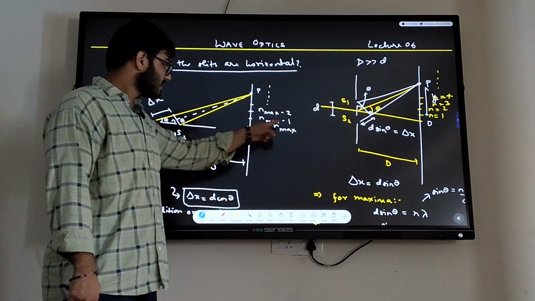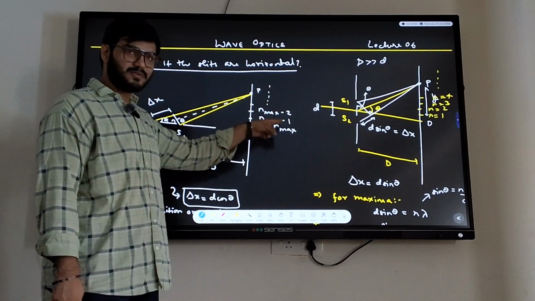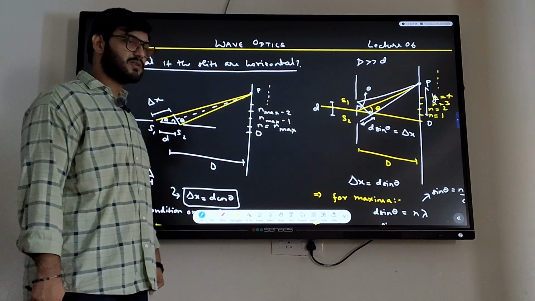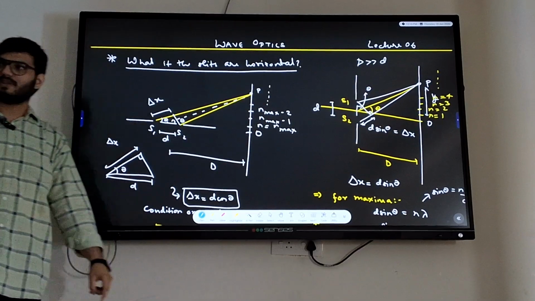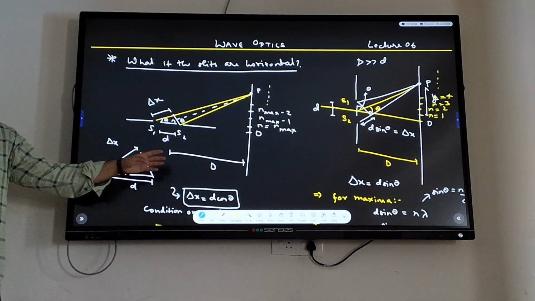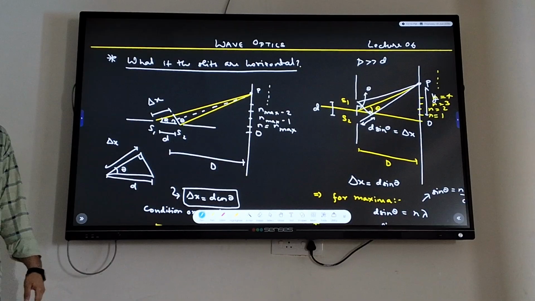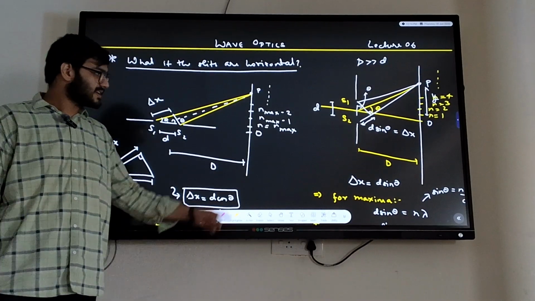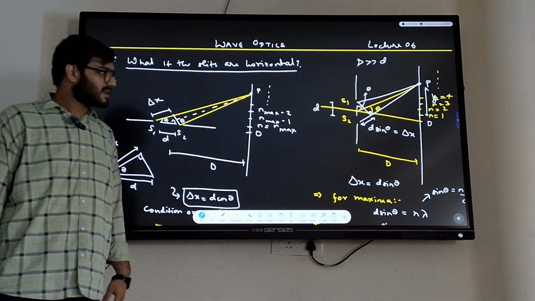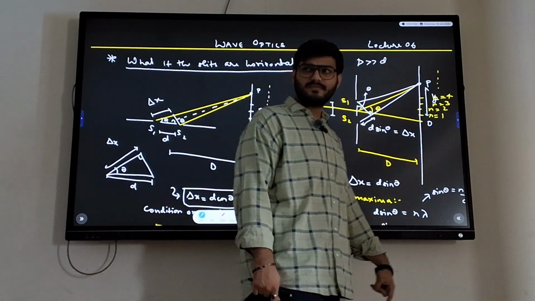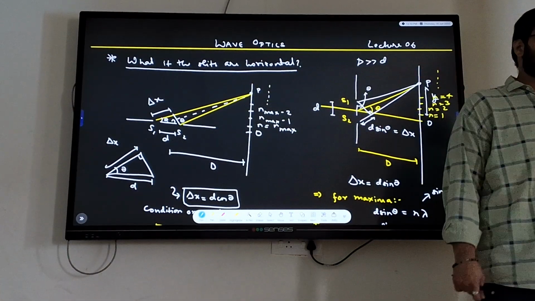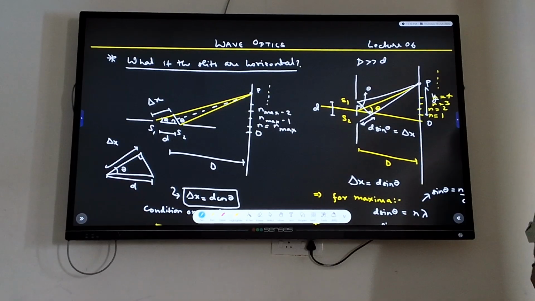There is minus 1. No, it is n max minus 1, n max minus 2, and keep on going. Is it okay with you? So it's very interesting to see that n max is the number which is closer to 0, but here n min is the number which is closer to 0. And n min is 1 basically, since they are all integers.